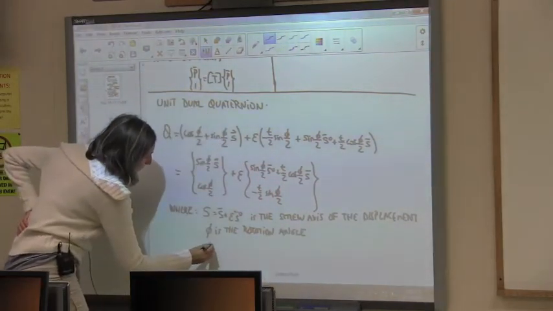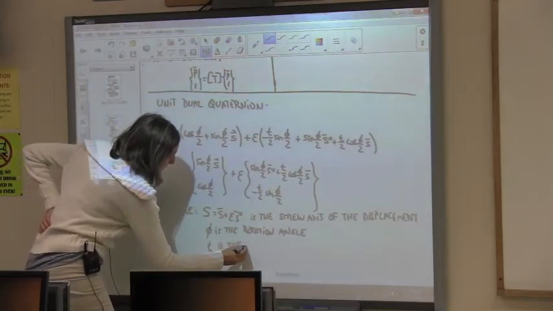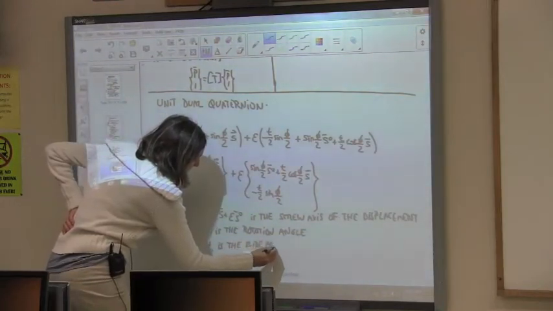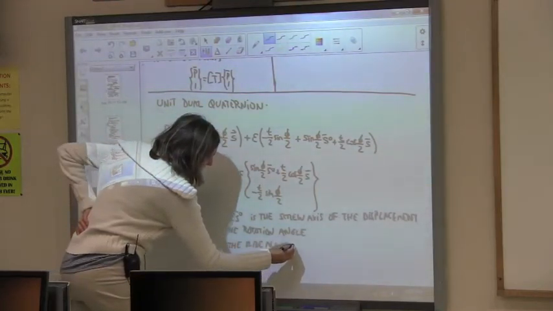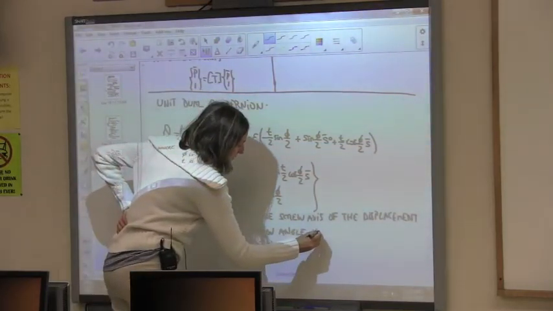And t is the slide along the axis, along S. It's a rotation angle about S.